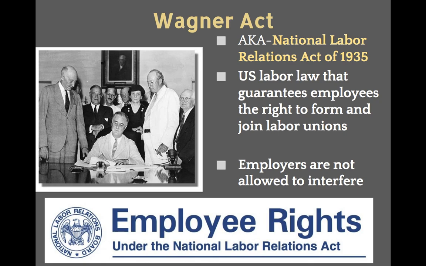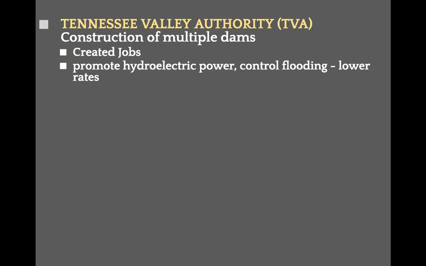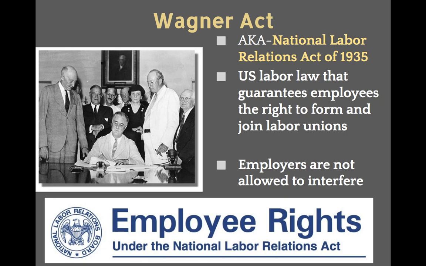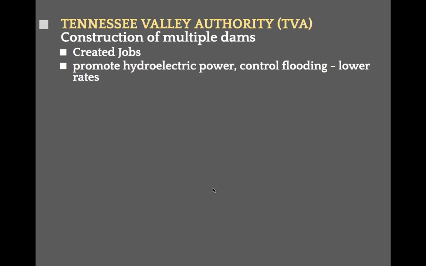Employers were not allowed to interfere, so they could not do all of those tactics. They couldn't use scabs if people struck, all of those different things that we talked about. So again, you think of that as relief, recovery, or reform.